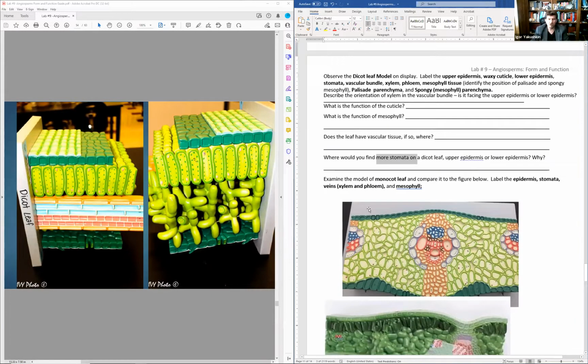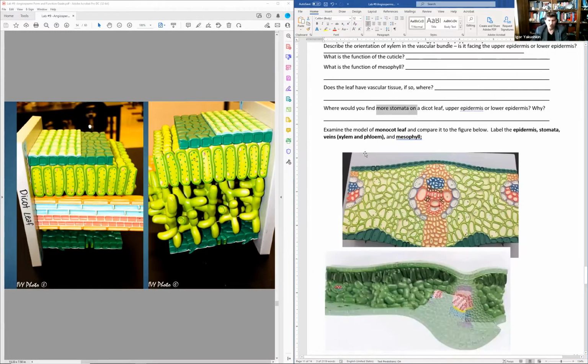Now, whenever you're looking at the monocot leaf, what you will notice is that it does not have a palisade parenchyma. It has veins, and veins are made out of exactly the same thing, the xylem and the phloem, surrounded by the sclerenchyma. It has a mesophyll, also known as the parenchyma, but now it's all spongy.